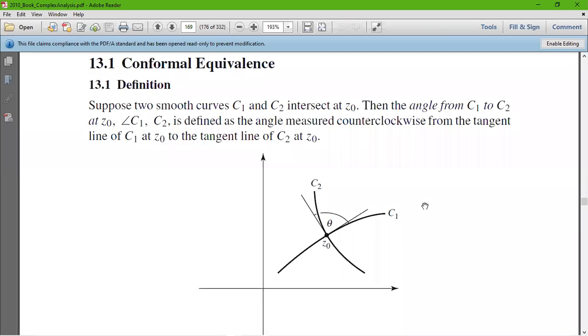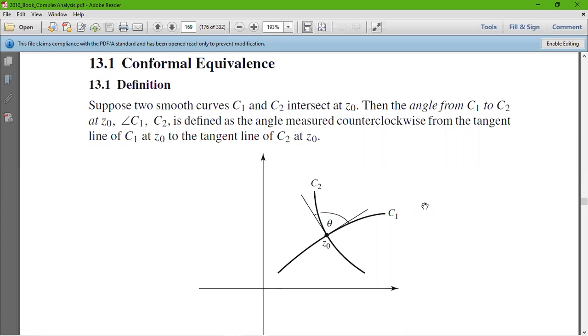Now, before starting the chapter, we are going to define some basic terminology. One of them is conformal equivalence. Before defining conformal equivalence, we define the angle between two curves.